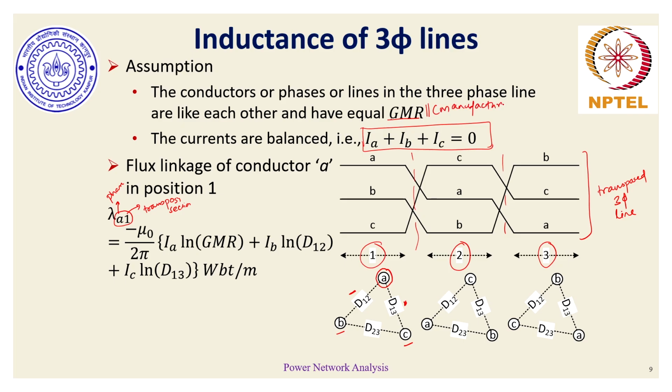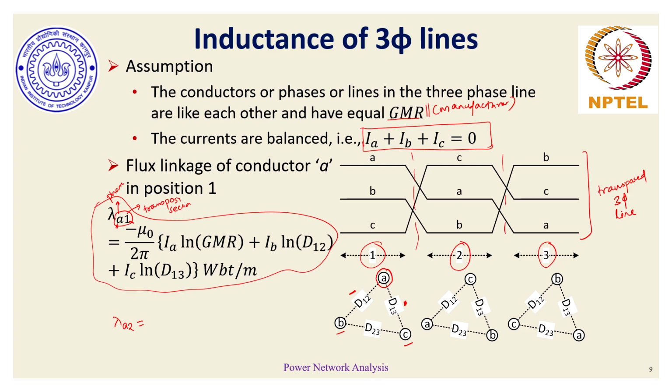So if I have to find the flux linkage of phase A at section number 1, I have this sort of expression, which is lambda A1. Please revisit the earlier discussion where we figured out how this magnetic flux linkage expression can be obtained. If this is the expression of phase A linkage at section 1, then can you guess what would be the linkage of phase A in section 2?